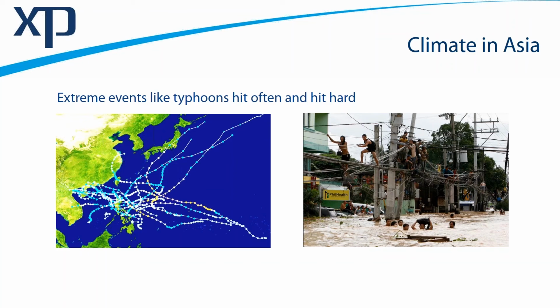This particular image on the left-hand side is the track path of only just a couple of years of typhoons in and around the Philippines. And sometimes they can affect multiple countries because the space between the Philippines, Japan, China, Taiwan is not very great, and typhoons then become multinational issues.